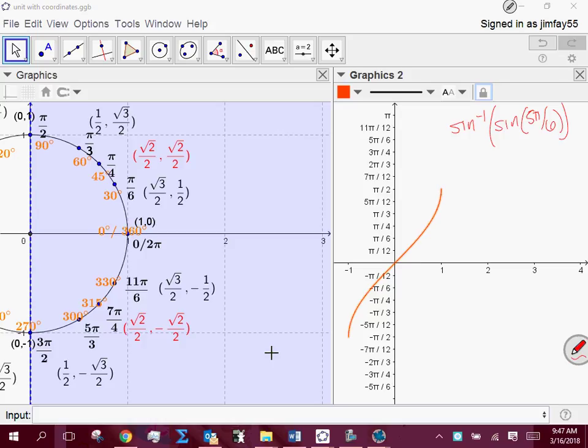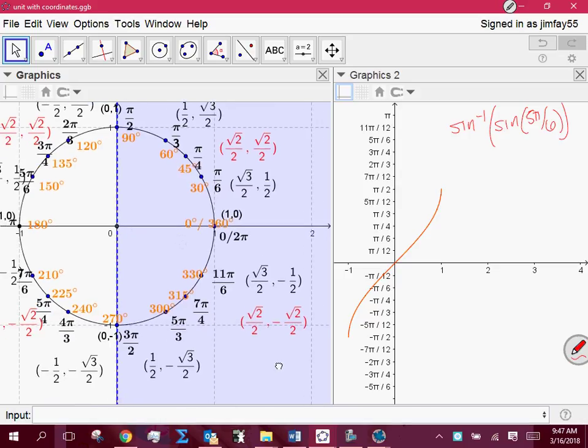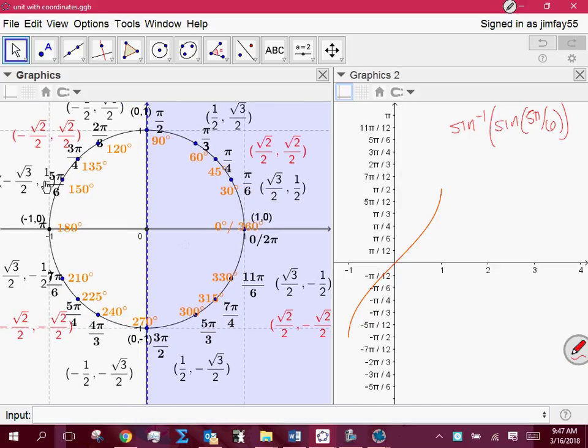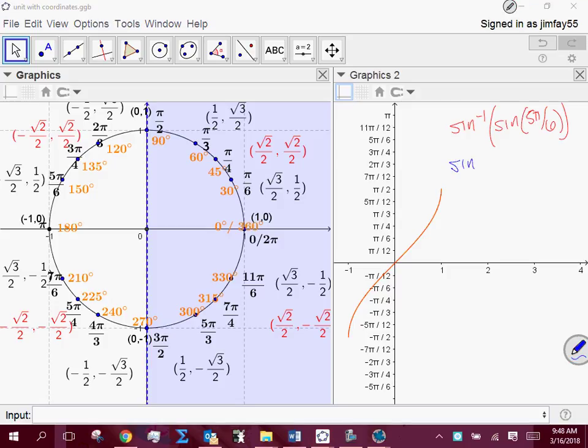Think about the entire unit circle. Yeah. 5 pi over 6, its y value is this 1/2, right? So now sine inverse of 1/2. So that thing right there changes to 1/2, right? What's the sine inverse of 1/2?